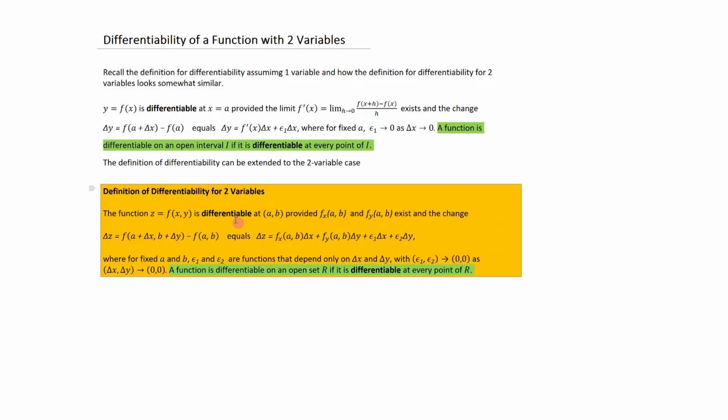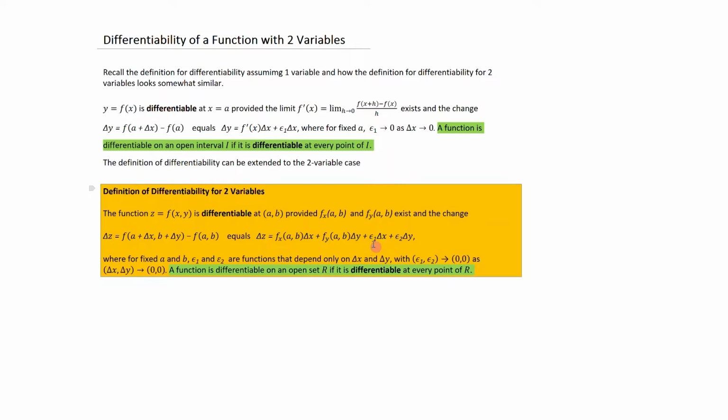The function is differentiable at (a, b), provided that f partial x evaluated at (a, b) and f partial y evaluated at (a, b) exist, and that the change, this change now takes on a slightly different form. Delta z is now f with x evaluated at a plus delta x, and y component evaluated at b plus delta y, minus the original value, which is at a and b. And this should be equivalent to delta z, where this now basically is linearly related to delta x and delta y.